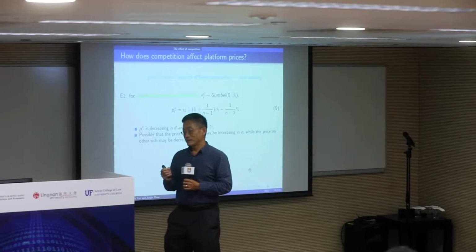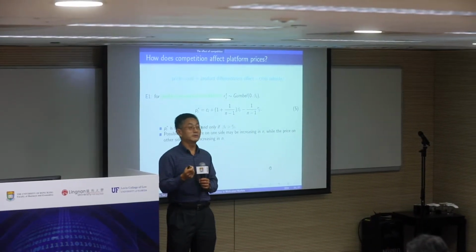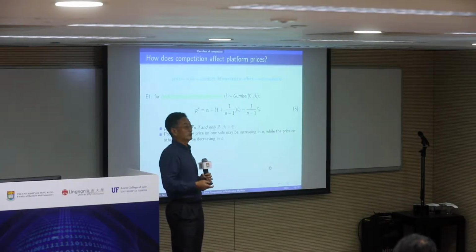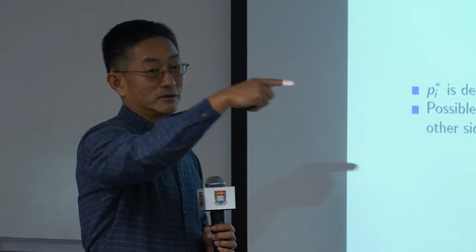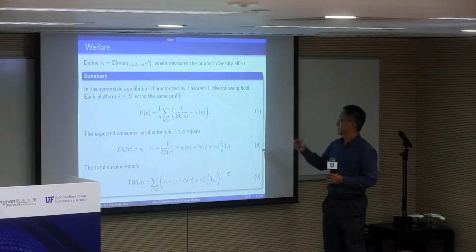And essentially, it depends on the magnitude. So you can imagine if gamma bar is very small, 0, we're back to the normal situation. If gamma is large, then this monotonicity could be reversed. Okay?